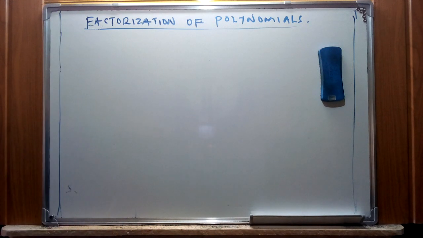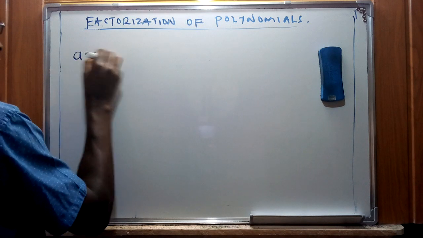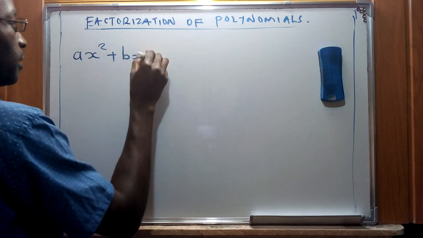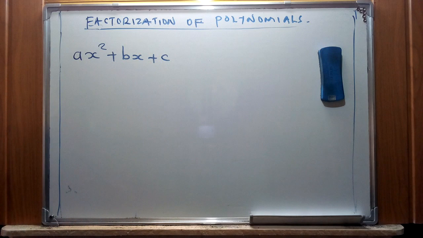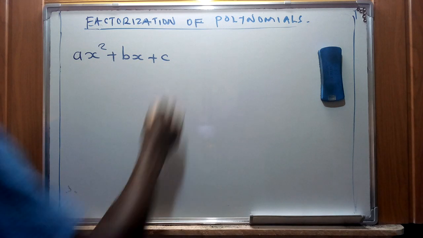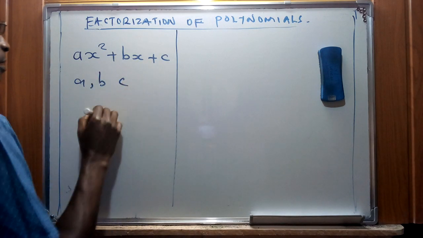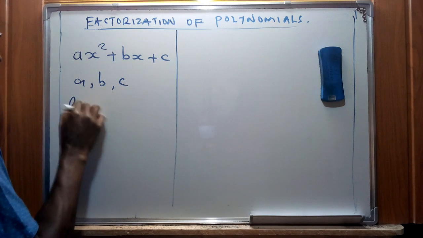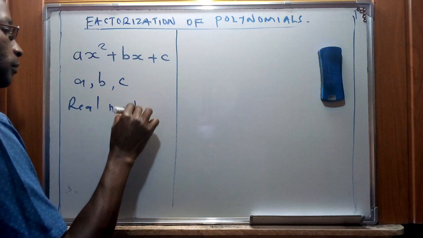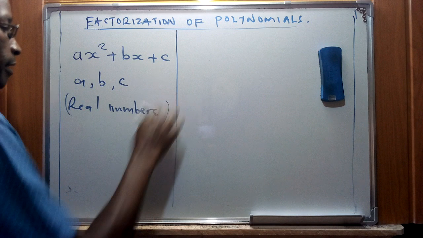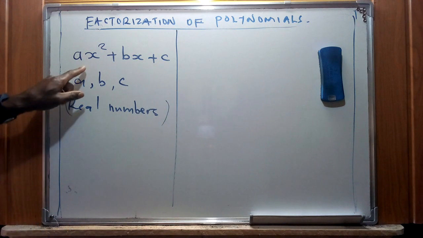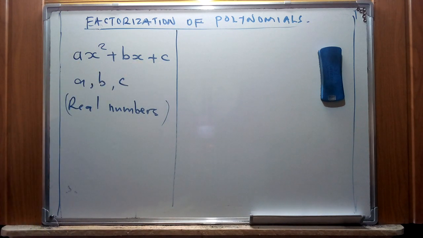And this is going to use the expression of ax squared plus bx plus c. We're going to come across this expression, but for now I'm just going to reserve it for this specific discussion, whereby we're going to see that a, b and c form what we call real numbers. So this basically refers to the coefficients a and b, and then the constant which is given as c.